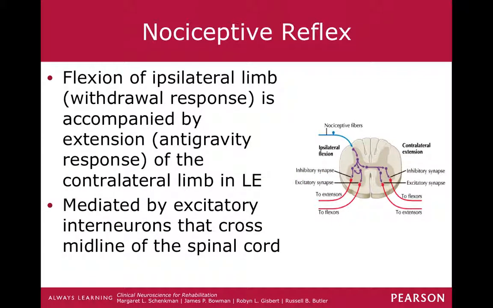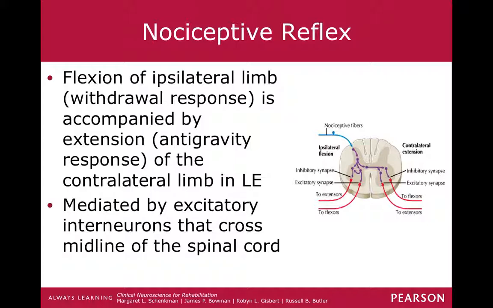The nociceptive reflex is characterized by flexion of the injured limb, that is ipsilateral withdrawal response, and is accompanied by extension or anti-gravity response of the contralateral limb in the lower extremity. This is mediated by excitatory interneurons that cross the spinal cord level.